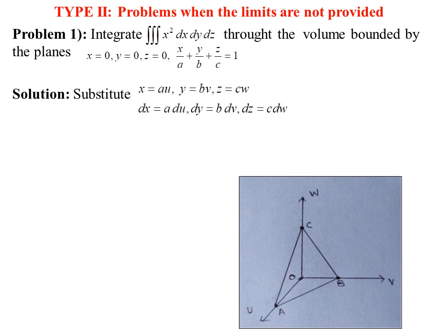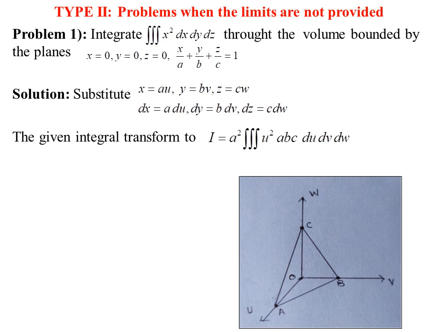So our equations now can be written in terms of u is equal to 0, v is equal to 0, w is equal to 0 and u plus v plus w is equal to 1. So along with these equations, this tetrahedron is formed, which is shown in the figure.